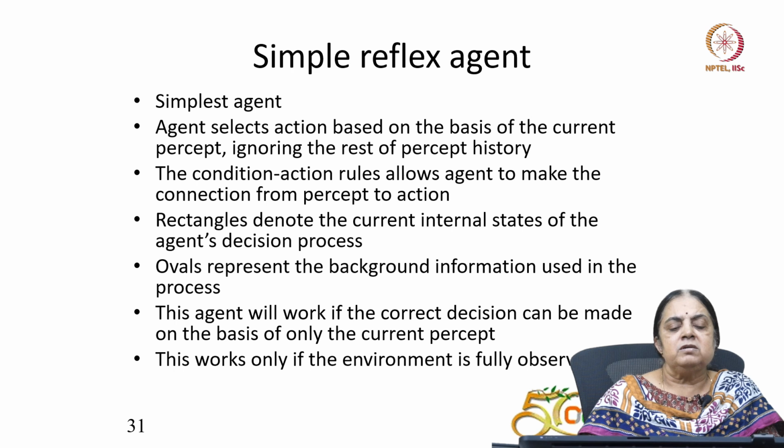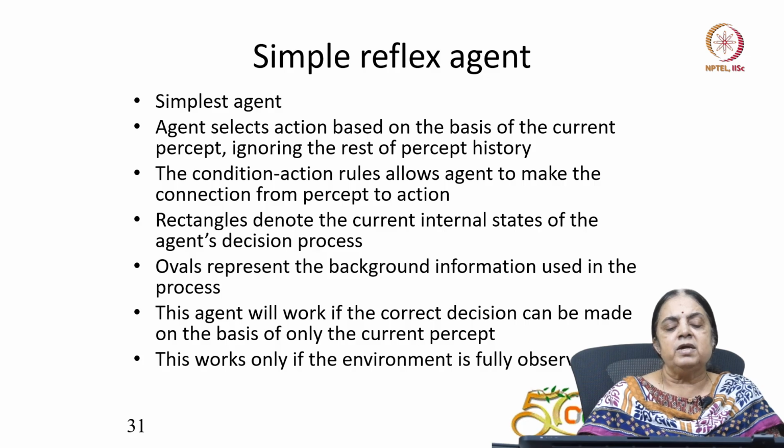If you take the simple reflex agent, it does not look at the percept sequence, but only at the percept at that particular point in time, and then it has the condition action rule, something like a table lookup, right?